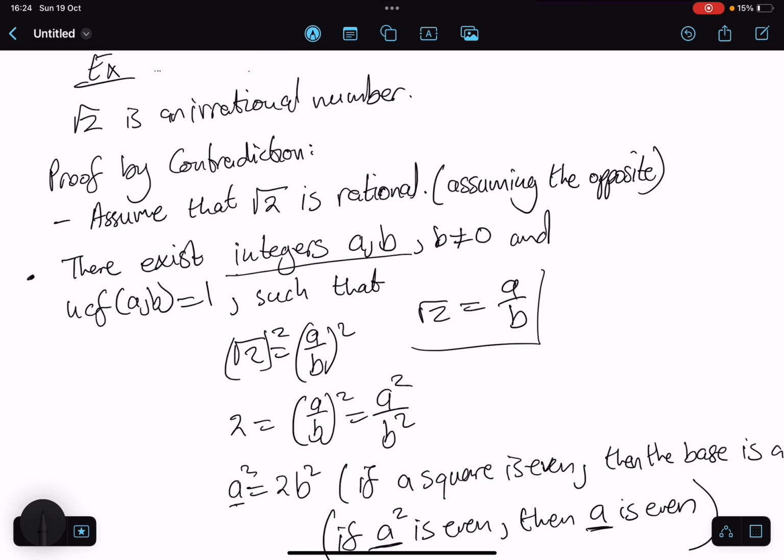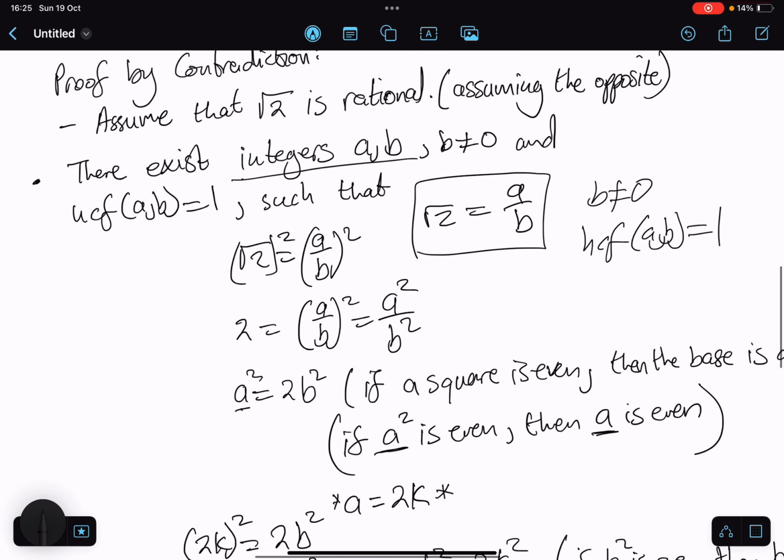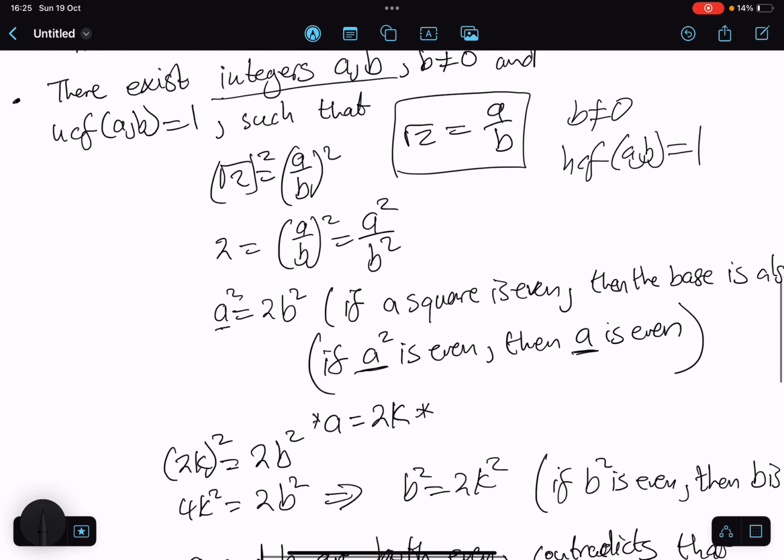And in order for this statement to be true, b shouldn't be 0, right? And the highest common factor of a and b should be 1, since we are assuming that root 2 is a rational number. By doing this, we squared both sides, and then we made a squared the subject of the formula.